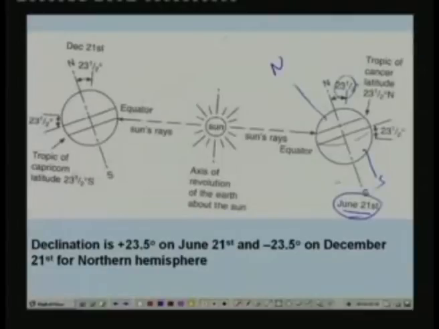Similarly, on December 21st, the northern hemisphere is tilted away from the Sun, whereas the southern hemisphere is tilted towards the Sun. As a result, the northern hemisphere experiences winter, whereas the southern hemisphere experiences summer. So, the seasonal variations are mainly because of the tilt angle.